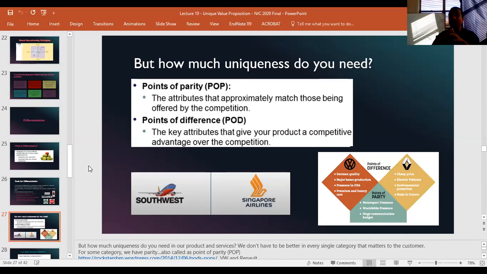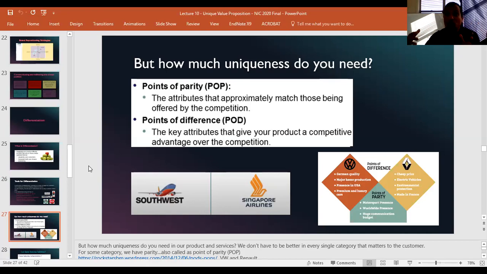For some categories, we have parity, or what we call points of parity, POP. So what is POP? The attributes that approximately match those being offered by the competition. On the other hand, we have points of difference, that is POD: the key attributes that give your product a competitive advantage over the competition.